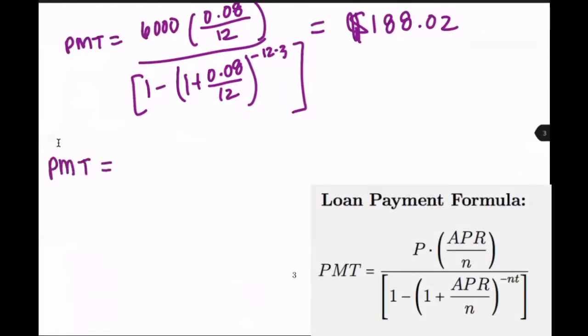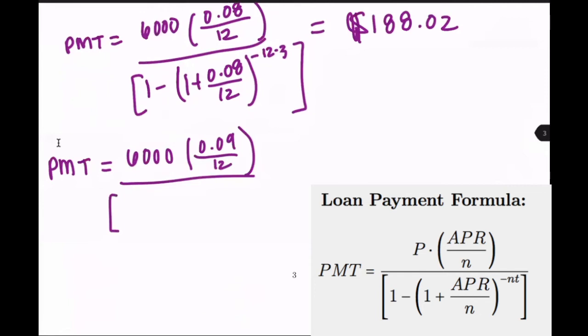So we'll have PMT is equal to 6,000 multiplied by 0.09 over 12 divided by bracket 1 minus parentheses 1 plus 0.09 over 12 to the negative 12 times 4.